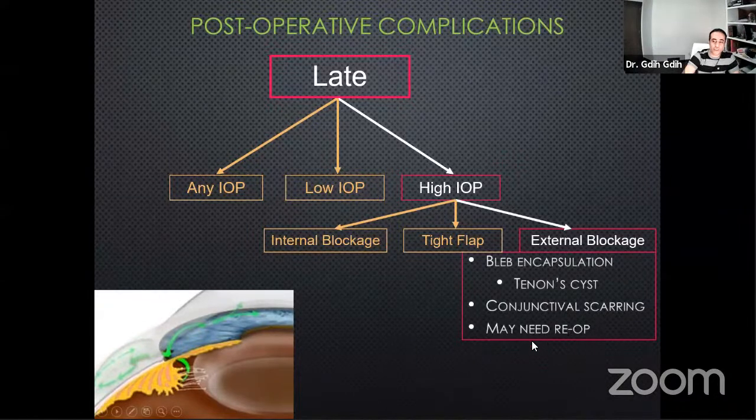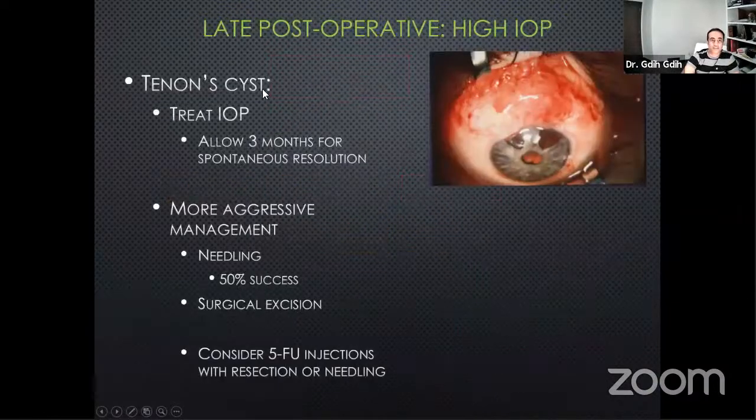You can either needle or reoperate. For Tenon's capsule encapsulation, treat IOP first. And you can allow 3 months for spontaneous resolution. But if after 3 months it doesn't resolve, then it's likely not going to resolve.